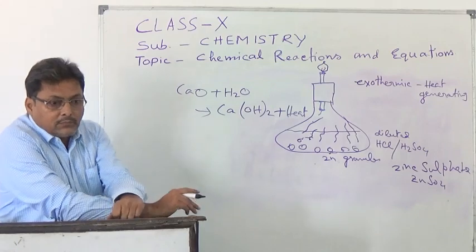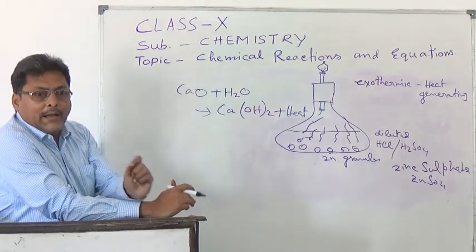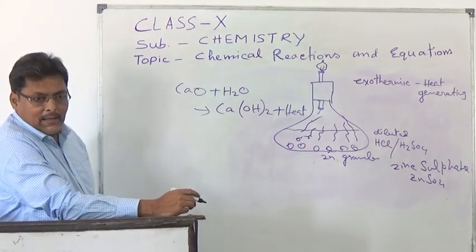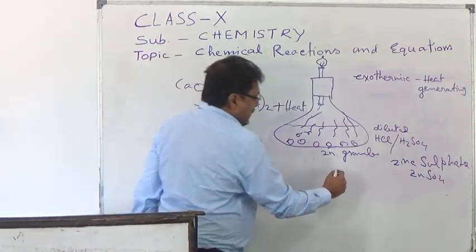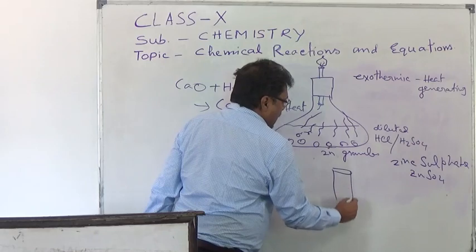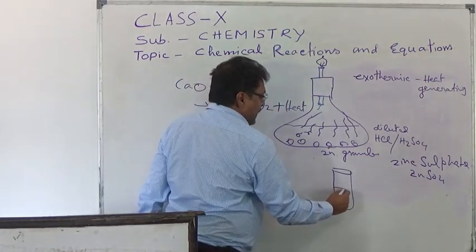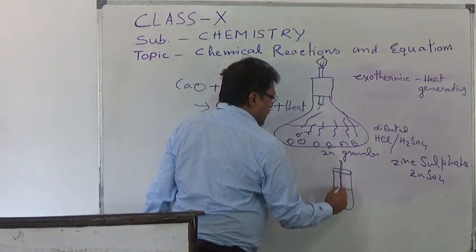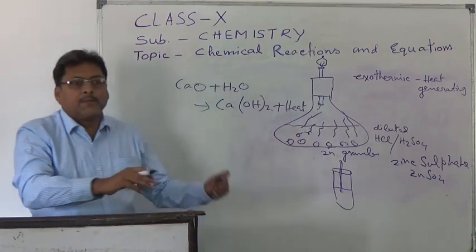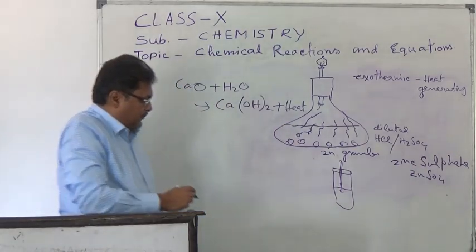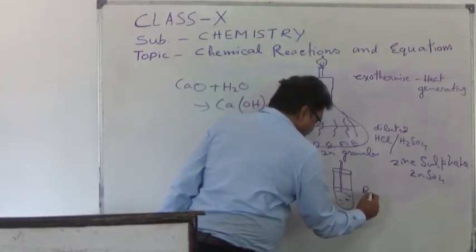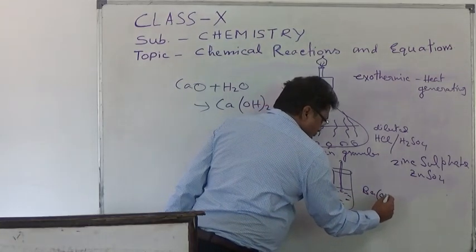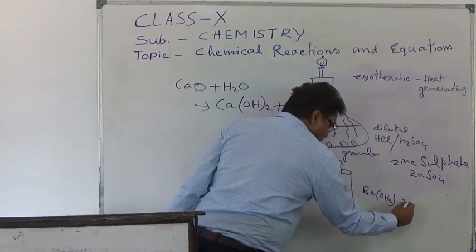We also discussed this a little previously. Suppose we take a test tube in the laboratory and put 2 grams of barium hydroxide, 2 grams.